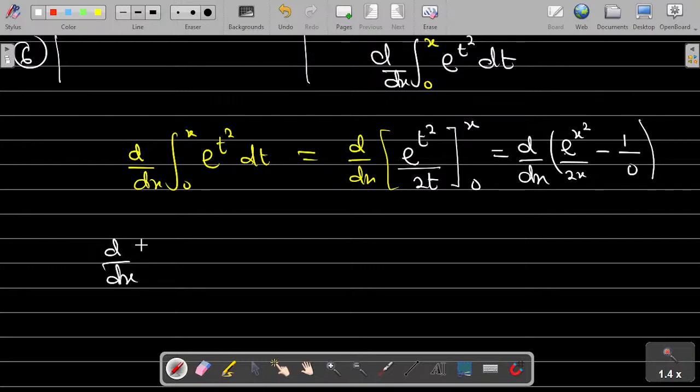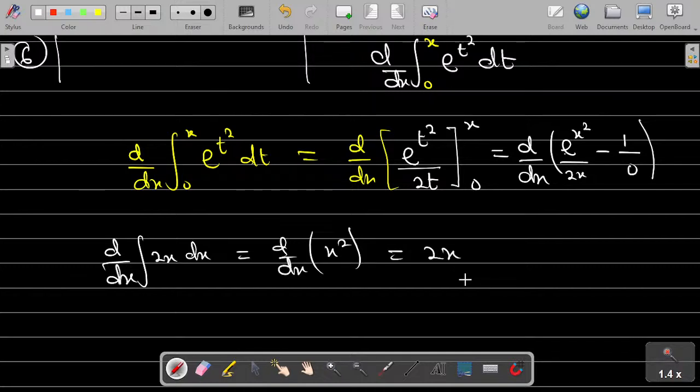Let's assume we have d/dx of the integral of 2x. The integral of 2x is straightforward, it is x squared, and by the time you differentiate this, you will get back your 2x.